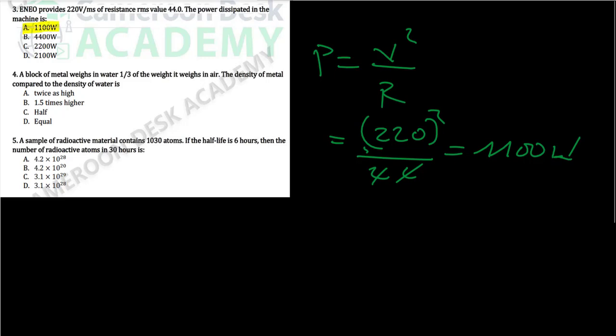Then question number 4. A block of metal weighs in water 1/3 the weight it weighs in air. The density of the metal compared to the density of water is: A, twice as high; B, 1.5 times higher; C, half; D, equal. So what we are supposed to do here is, the first thing: I have my solid or a mass which weighs W in air.